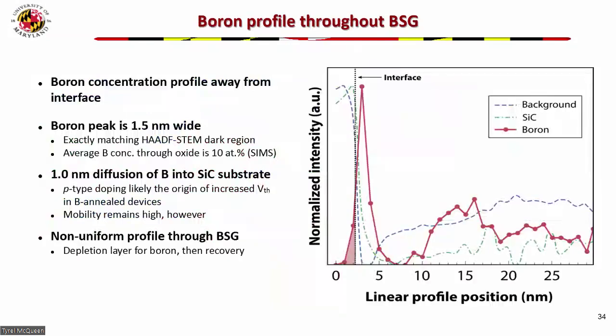We can see a high concentration of boron here, a little bit of a depletion as we go away from the interface into the silicon dioxide, but there's still some boron in this region. It's also interesting that there's some boron going into the silicon carbide, and we believe that it's probably acting as a dopant, right?